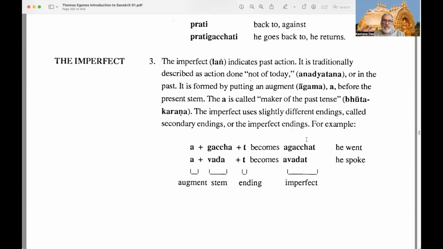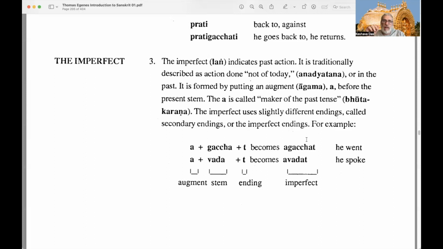Panini has all these different words for the different moods and tenses in Sanskrit, and he calls them lakaras. So you've got lat, lin, lun, and so on. These are all different tenses. This one is called lung, and it indicates past action. It's traditionally described as action done not today, anadyatana, in the past.